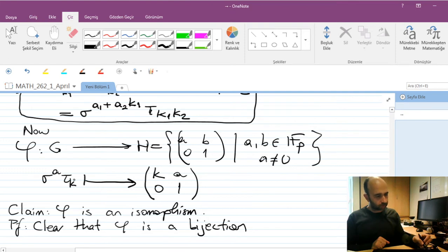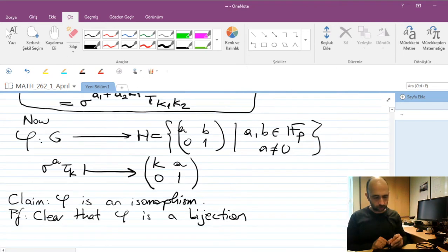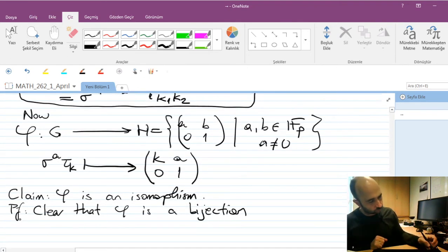Tau_k, this number k, was a number from 1 up to p minus 1, so you cover all the possibilities where k is non-zero here, and that's what you ask for. And likewise, for A, you can put here all the numbers from 0 up to p minus 1, and that covers all the possibilities for this corner. So it's clearly a bijection. The only thing to check is that phi is a group homomorphism.